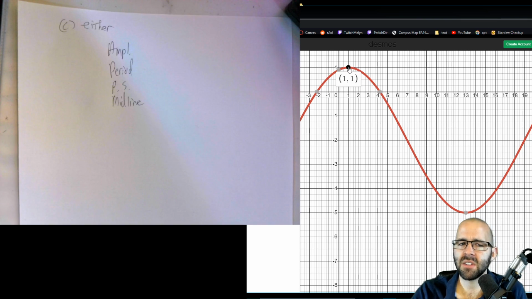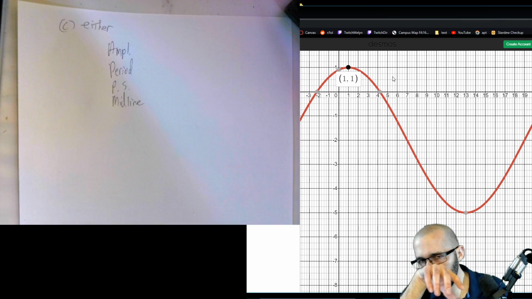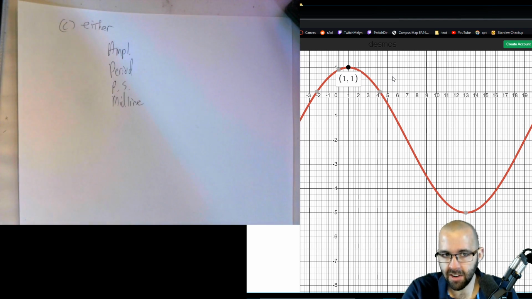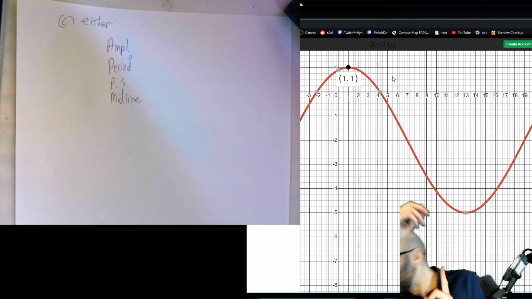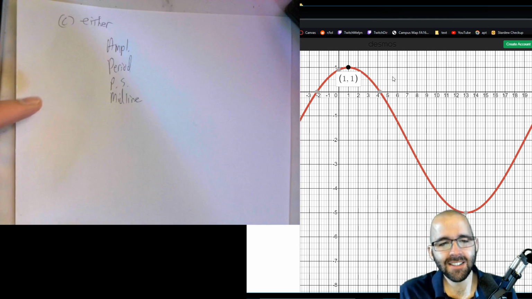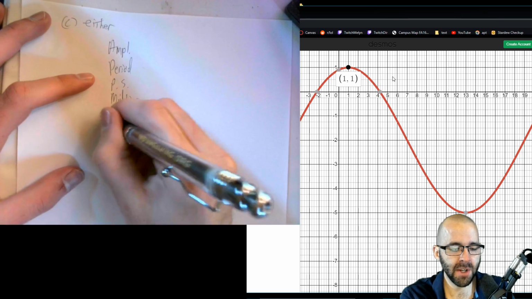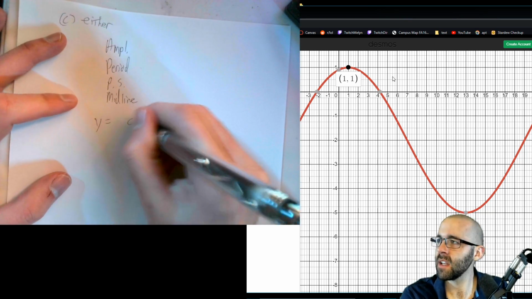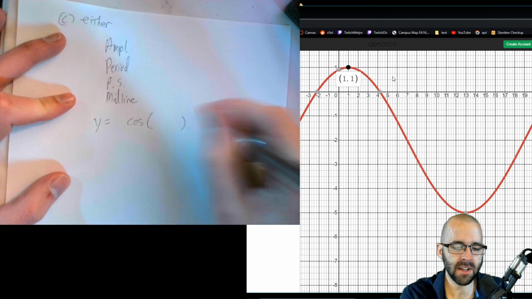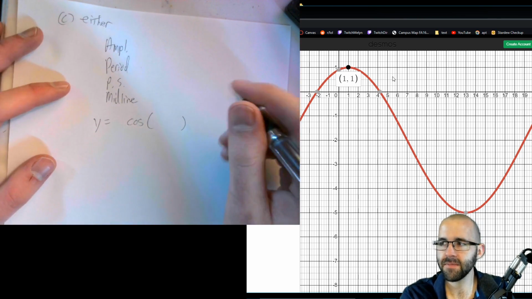And here we have a cosine. Here's where the top of the graph is, and it's very easy to see this point. So we'll have a cosine starting here, so there is going to be a phase shift here. I'm going to use cosine, but you don't have to. So y is going to equal something times cosine of something plus or minus something.